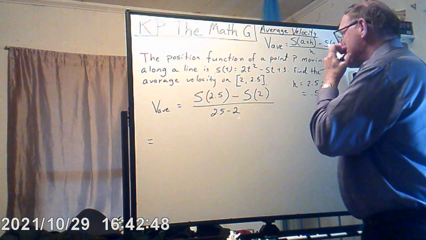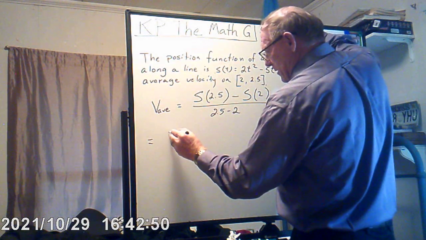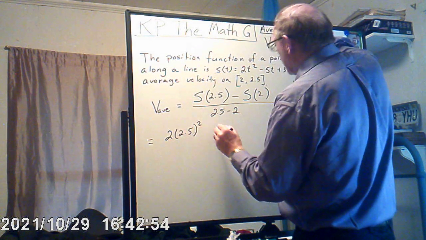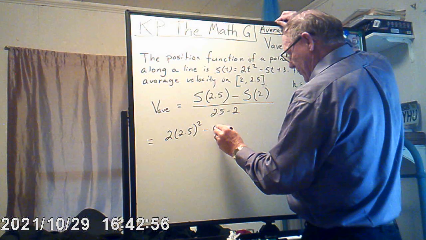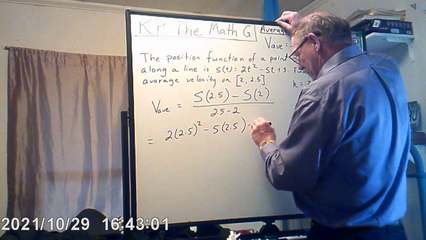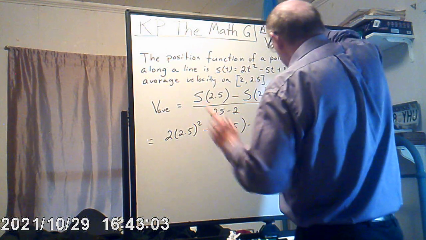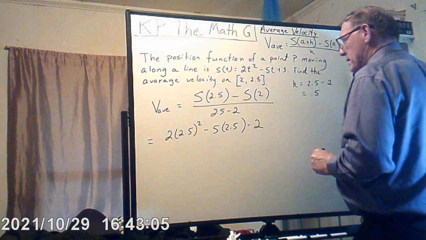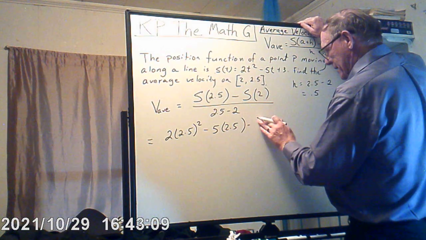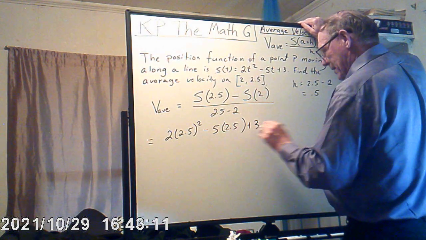So 2 times 2.5 squared minus 5 times 2.5, I'm sorry, that is not minus 2, that is plus 3.